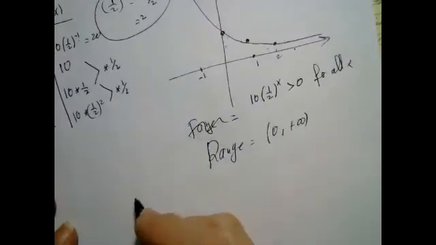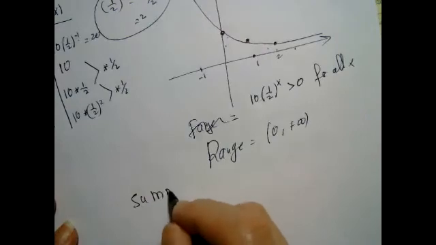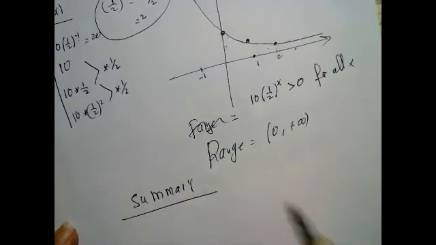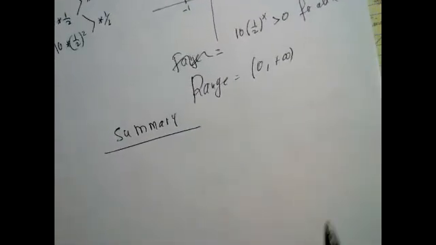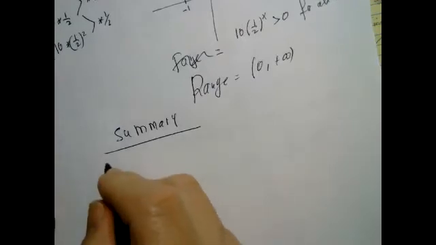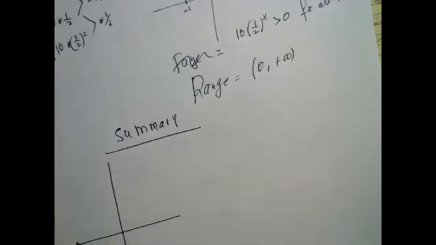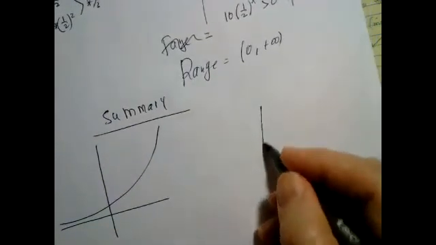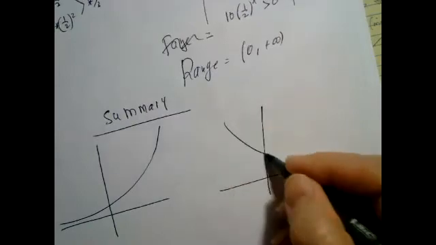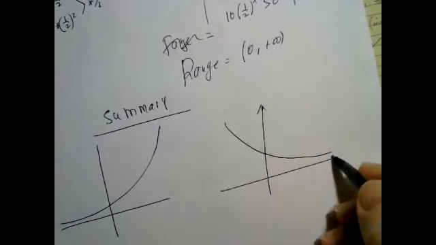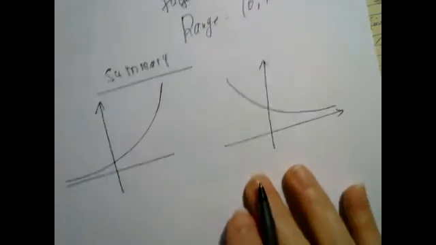So, summary for the graph of the exponential: we should know the graph of the exponential either increases like that or decreases. And what decides whether it increases or decreases?